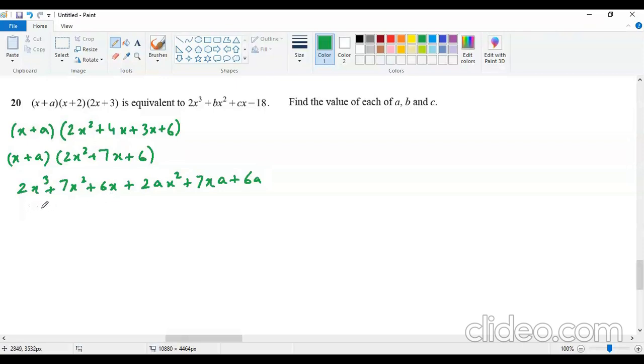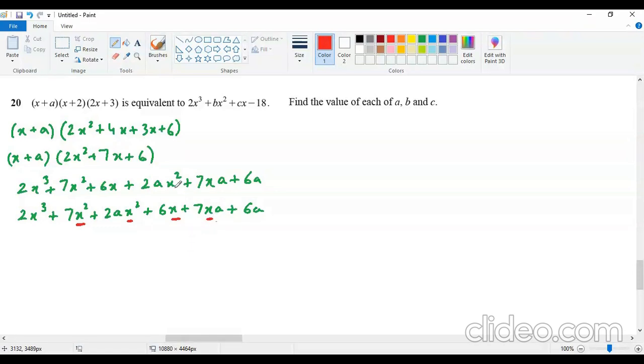Now, something we should notice is that to bring the like terms together, the first one is 2x cube, so there is no problem. The second one is 7x square, and plus 2ax square should be kept together. And then we'll keep 6x and plus 7xa and plus 6a in the last. Here, something noticeable is that these are x square terms, and these are x terms.